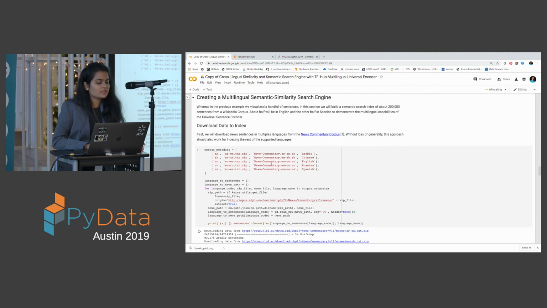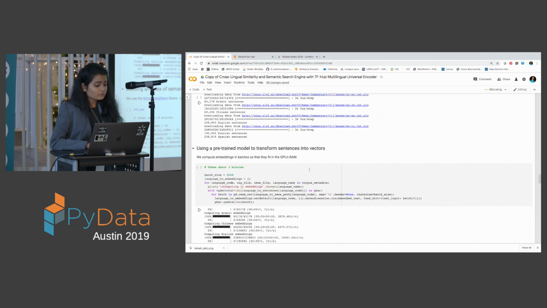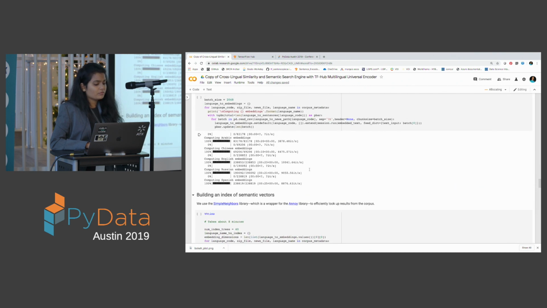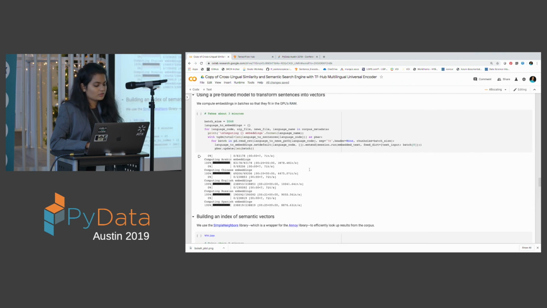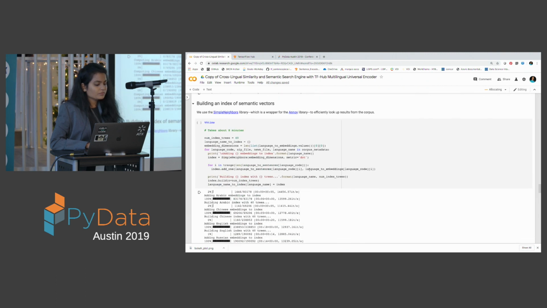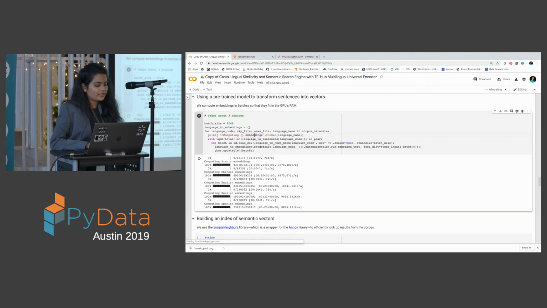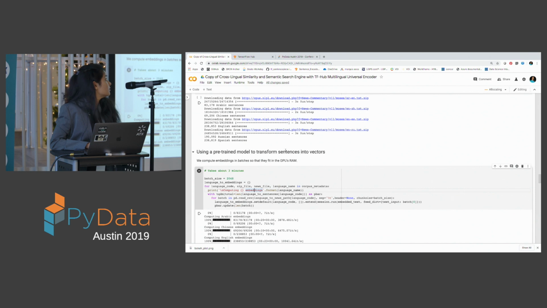So this is news sentences in multiple languages from the news commentary corpus. We are downloading data for Arabic, Chinese, English, Russian, and Spanish. What you do is run all these sentences through the encoder and get vectors for each of them, using just this code.